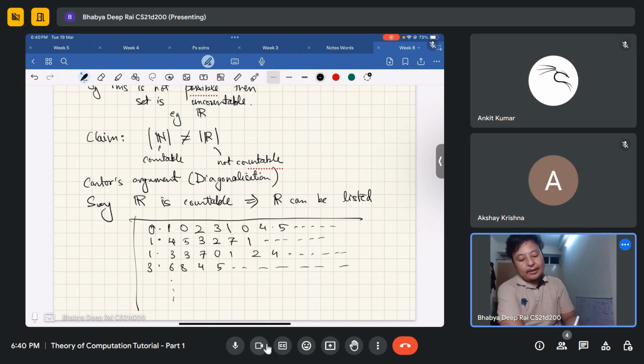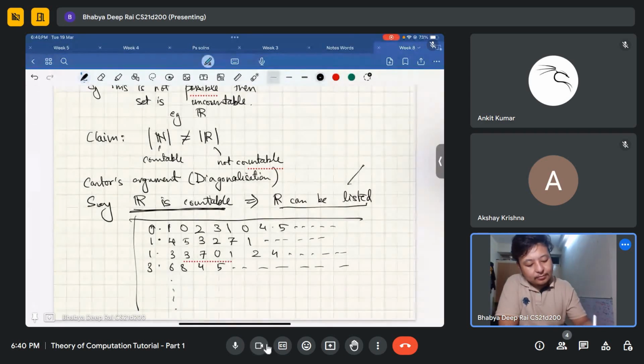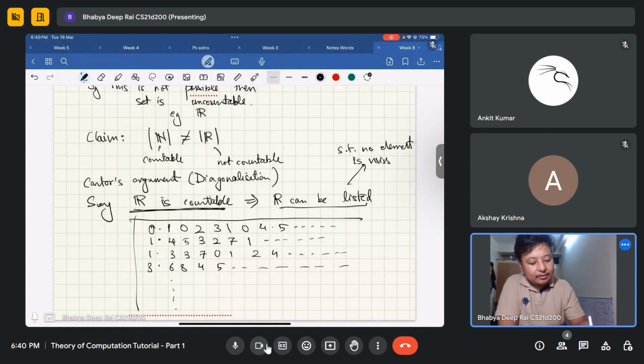And our assumption is R is countable, and if R is countable, it can be listed such that no element is missed, no number is missed.